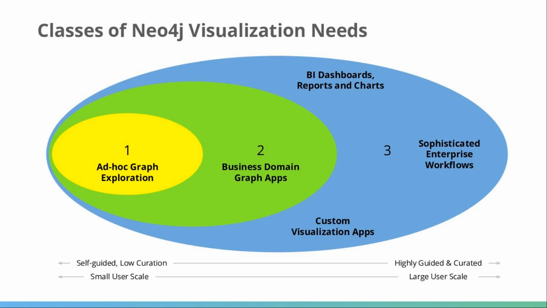And then as you go beyond that, there are many other classes of visualization needs that come about, and these tend to be a little bit less homogeneous in form, because it depends on where the visual is going to be surfaced. It could be something that people are trying to connect their business intelligence tools to and build dashboards and reports and charts, other kinds of charts, not just graph forms.